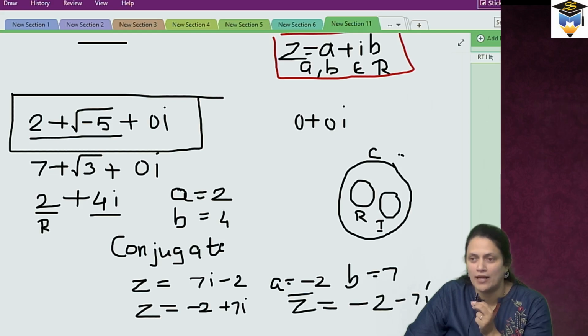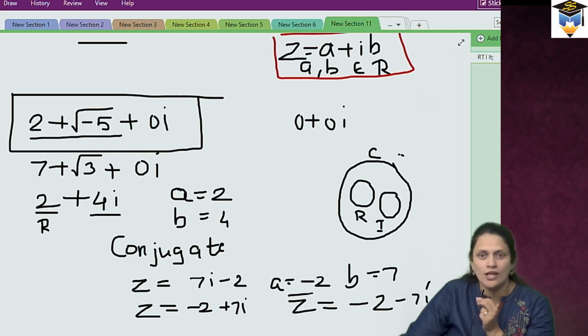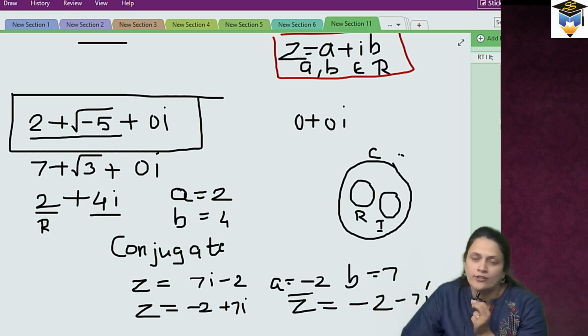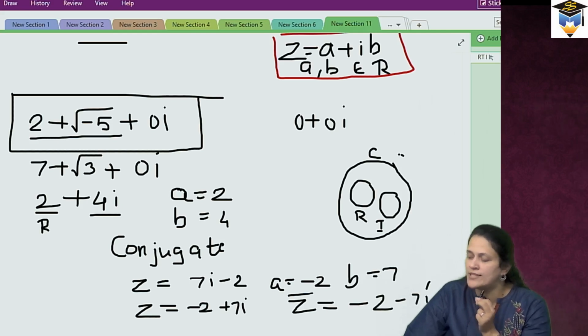Because 3 is a real part. Do we change the sign of the real part, Atharva? No. So it is going to be 3. Next, 5i, because for the imaginary part we will change the sign. 2 plus root 3, 2 plus root 3 itself, because it's a real part. And 7 plus root of minus 5 can be written as 7 minus root 5 i.